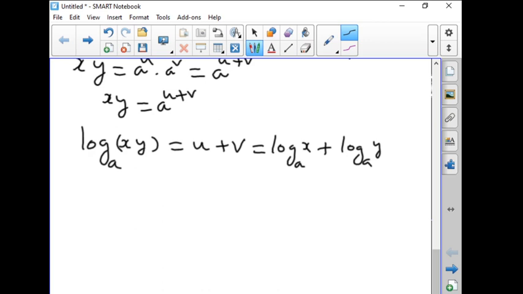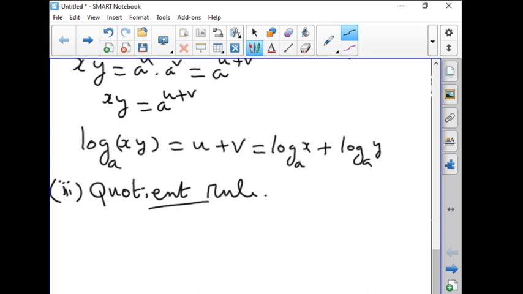Therefore, the product rule is proved. So, log xy to the base a is equal to log x to the base a plus log y to the base a, and this rule is called the product rule. Now, we will go to the third one, quotient rule.